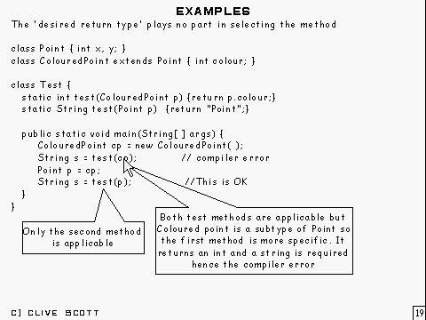because this call to test passing in coloured point will be satisfied. Both of those will satisfy it because they're both applicable by subtyping. So because they're both applicable, then the most specific one is chosen, and the most specific one is the one that takes coloured point, that one.